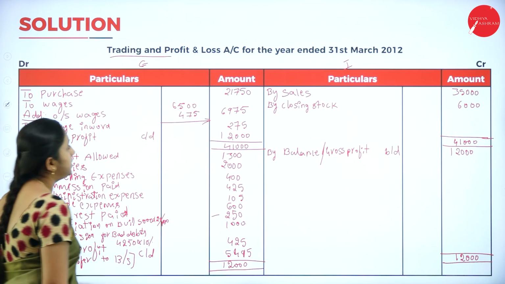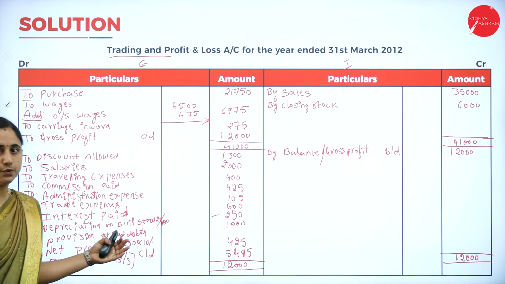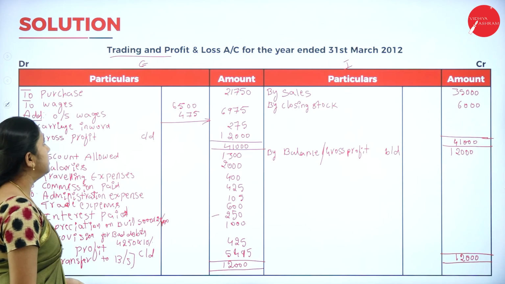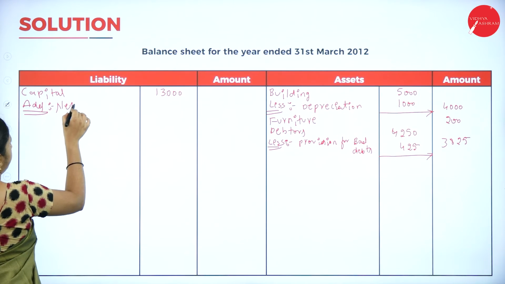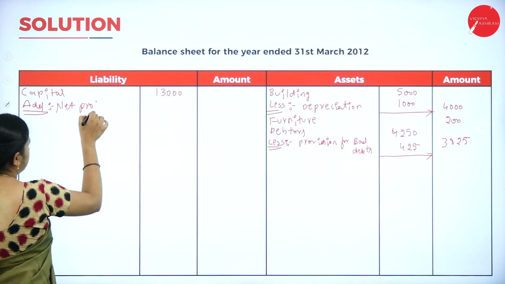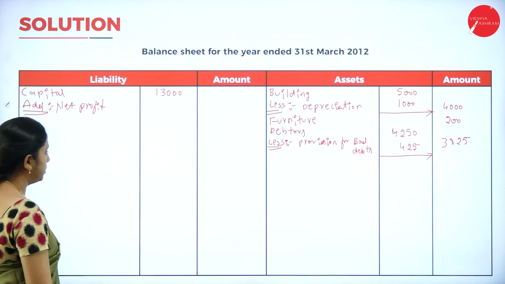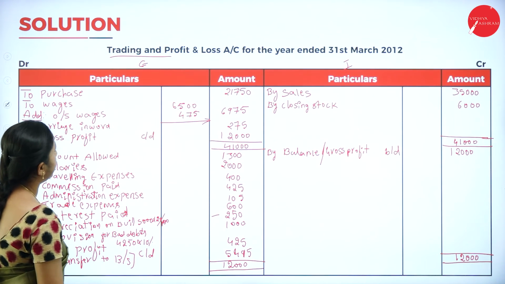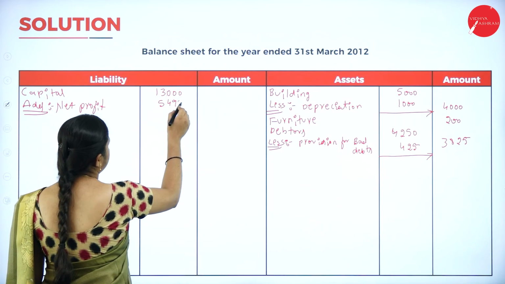So here we have net profit, it should be transferred to the balance sheet and added with capital. Net profit transferred from profit and loss account rupees 5,495.